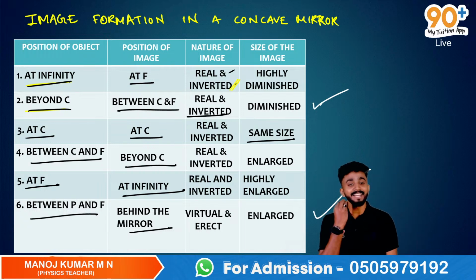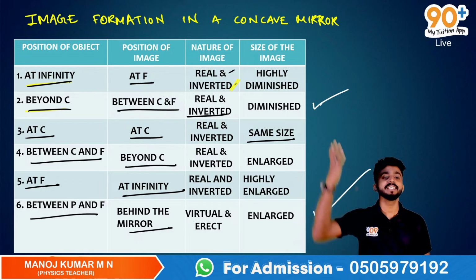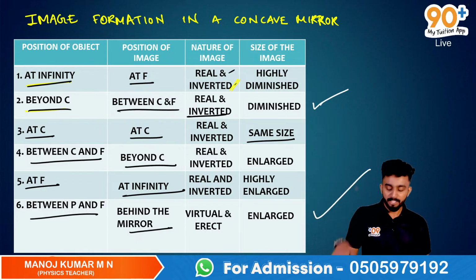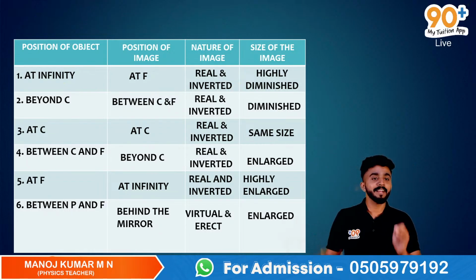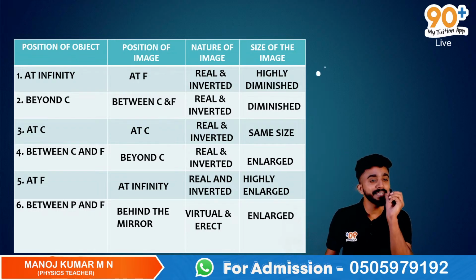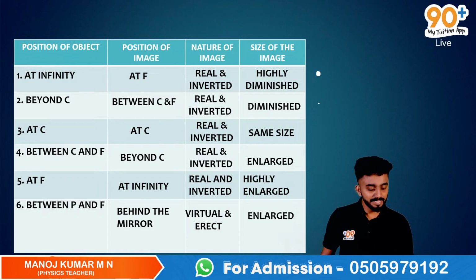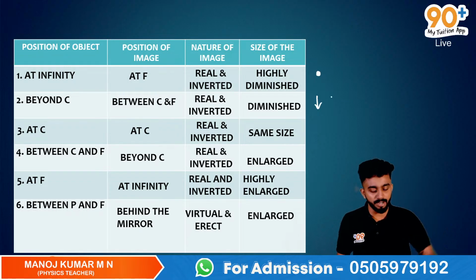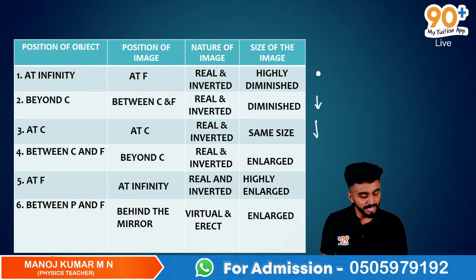Got it, guys? And there is a technique to remember all these 5 cases. When it comes to the size of the image, in the first case it is highly diminished, a very point-sized image. Second case, it is diminished a little bit. The size is increasing, and it is an inverted image, so I'm drawing it downwards. Now it's the same size.